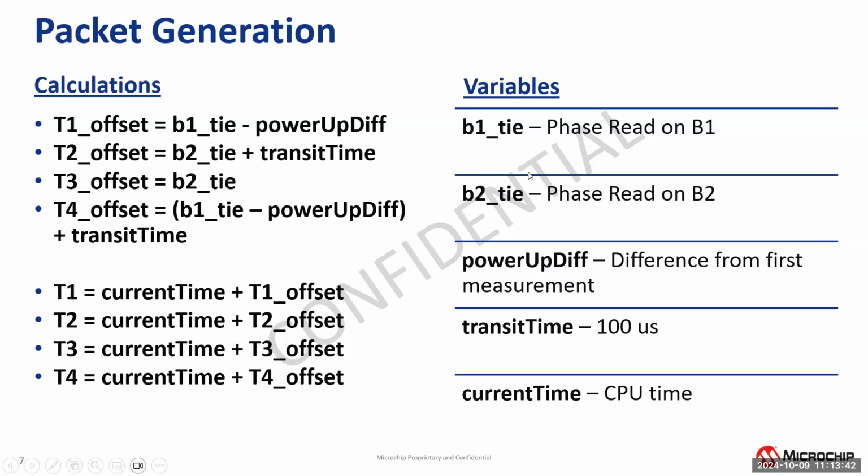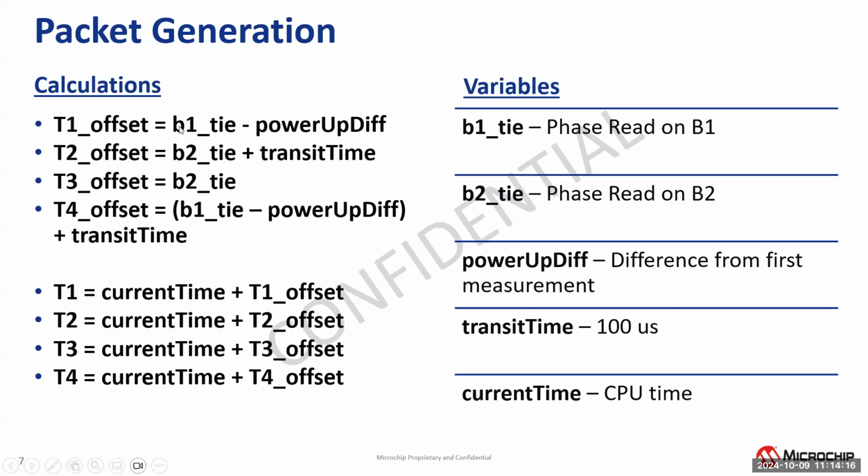So to take this phase data and overlay it onto the PTP timestamp format, we took T1 as, well, all of these values are basically current time with an offset generated by the phase difference between the boards. So T1 would be the board 1 phase. So TIE is time interval error. We can just think of that as phase.